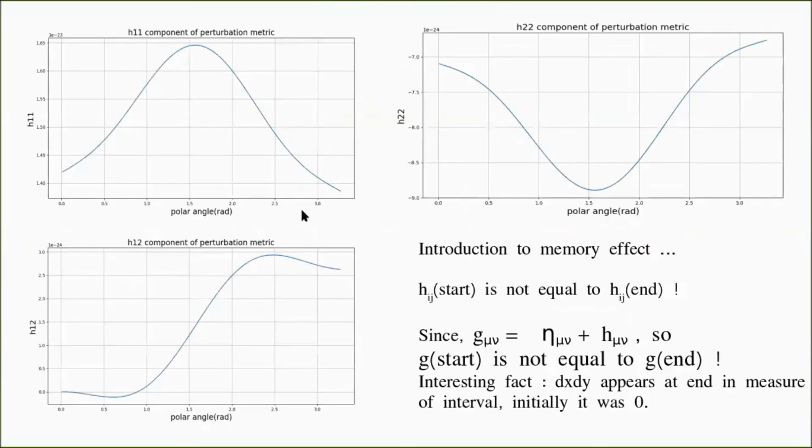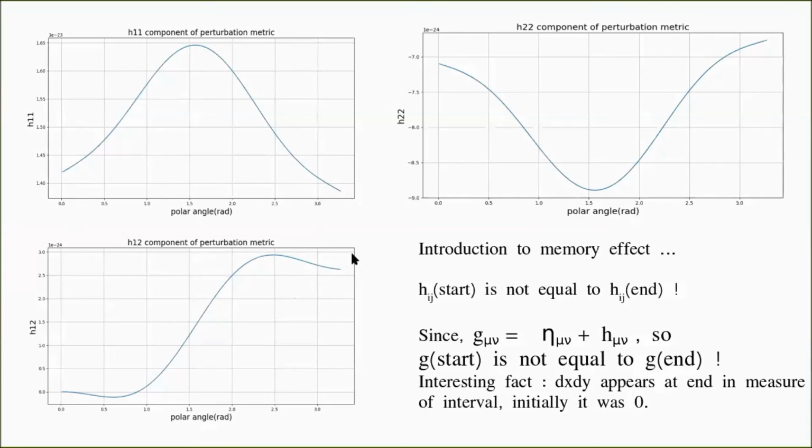If we see these variations with the polar angle, that is the initial and the final, when the mass is in the initial asymptote and in the final asymptote, we can see this h11 is higher than the final. Basically they are not the same. H22 also is not the same. H12 component is also not the same. Basically it's 0 initially, and finally it is non-zero.